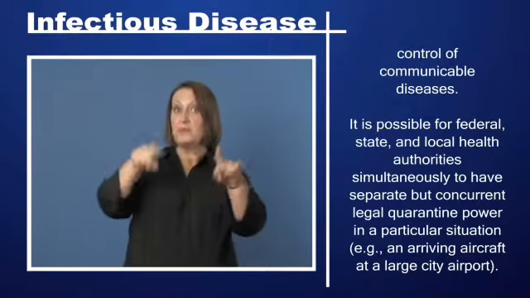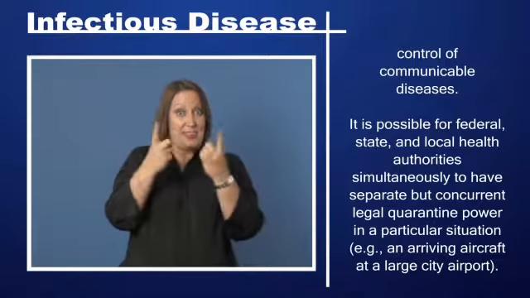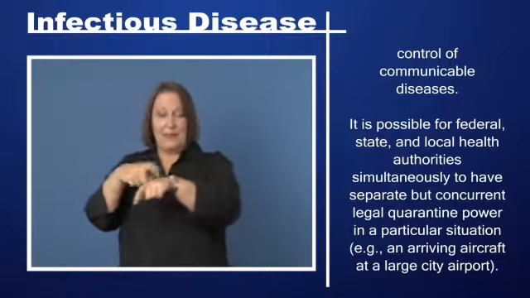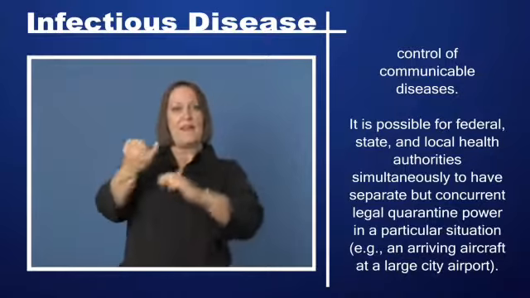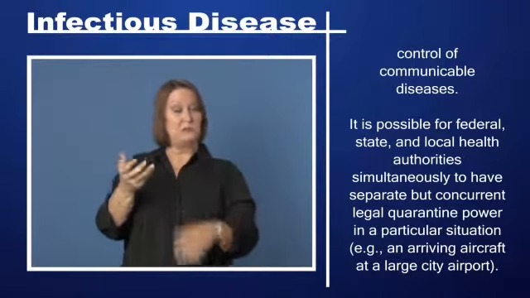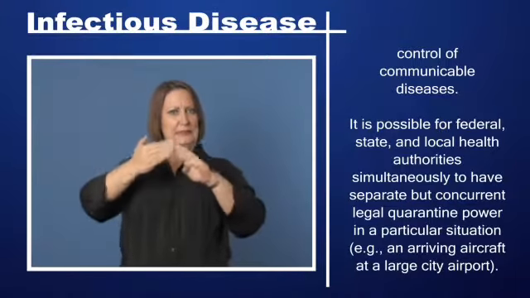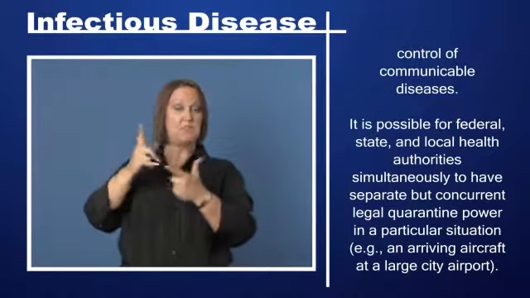It is possible for federal, state, and local health authorities simultaneously to have separate but concurrent legal quarantine power in a particular situation, for example, an arriving aircraft at a large city airport.